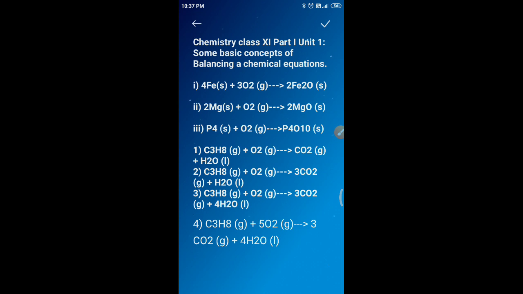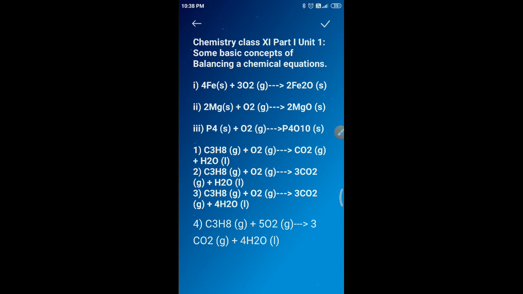So to match the left side, we have to introduce 8 hydrogen atoms. Here 2 are already there, so we have to write 4 molecules of water. Then the equation becomes C3H8 plus O2 gives 3CO2 plus 4H2O.